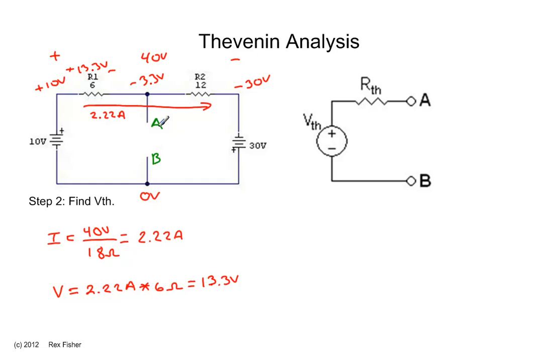Well, the voltage drop A minus B is a minus 3.3 minus 0. That's if we draw it in this direction. If we reverse the polarity of the battery, we can make that a positive voltage.